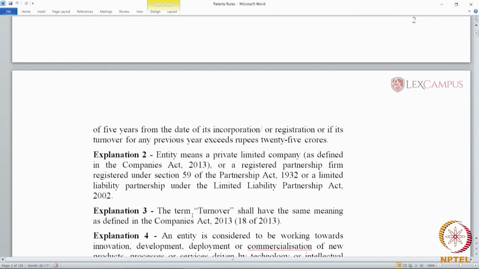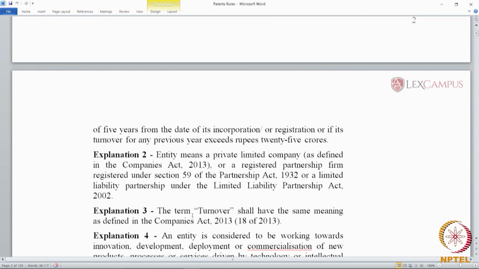So, once it crosses the 5-year period, it ceases to be a startup, and if its turnover exceeds 25 crores in any of those previous years, then it ceases to be a startup. This is condition 1 and 2. If it crosses the threshold in condition 1 or condition 2, it ceases to be a startup.